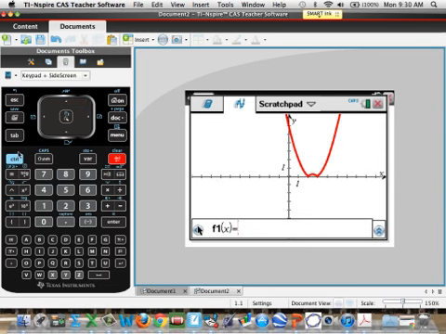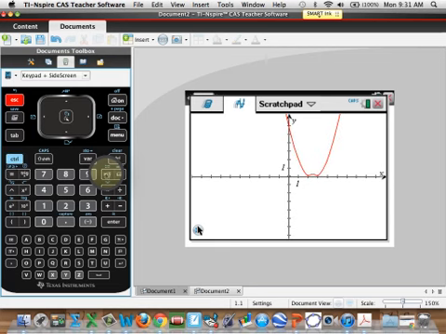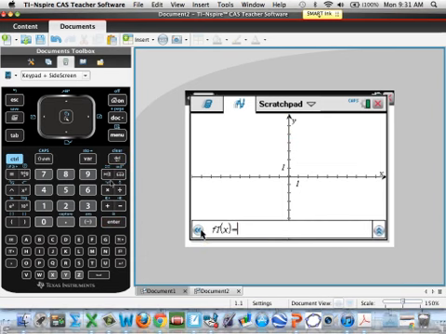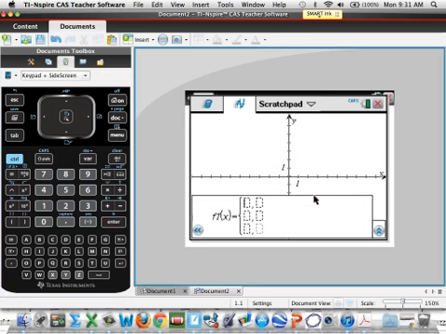And now it needs to become a piecewise function. So I again go to my template menu. Three pieces.